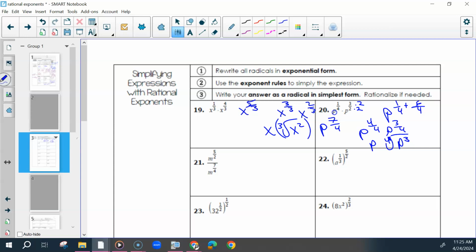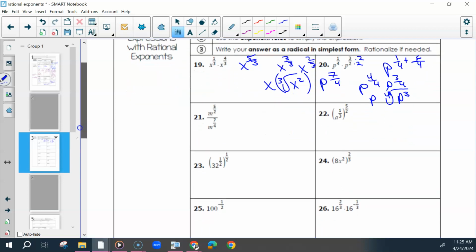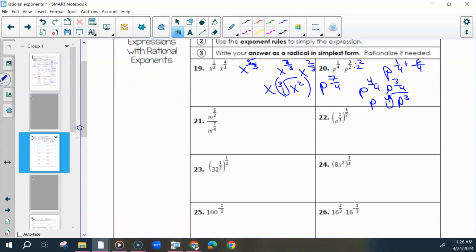Alright, let's try 21. We are dividing like bases. What are we doing with the exponent? Subtracting, and we have to get a common denominator, so I'm going to multiply both of these by 2.